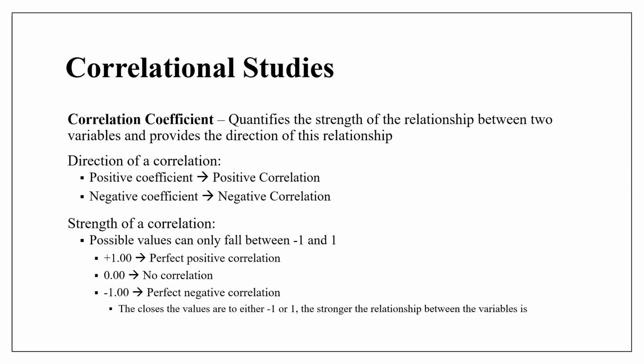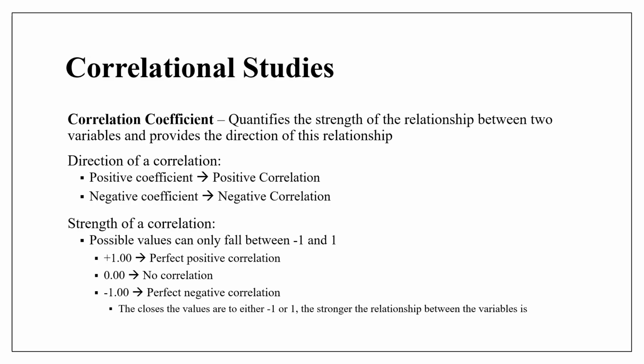So one thing that you need to have clear is that the sign of the coefficient only tells you the direction of the correlation. It doesn't tell you anything about the strength. Because, for instance, the strength of a +1 and the strength of a -1 is identical.